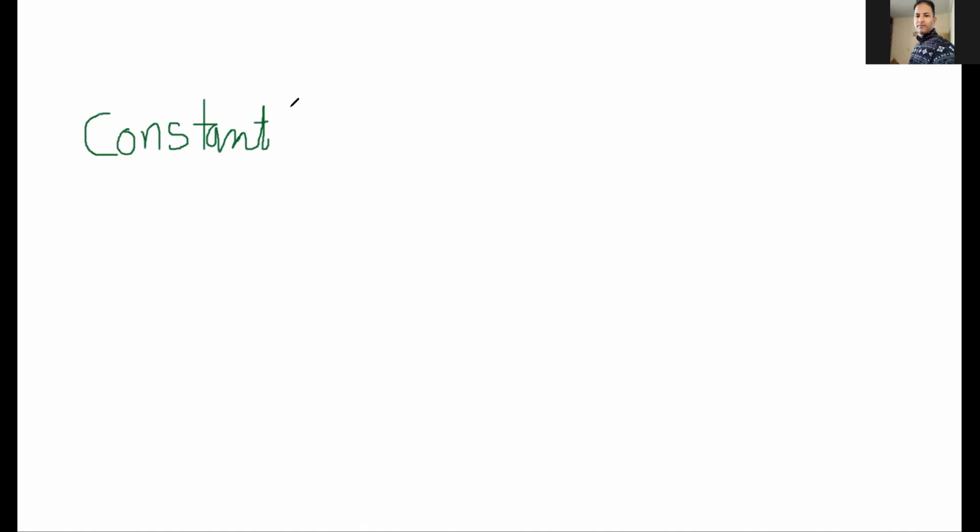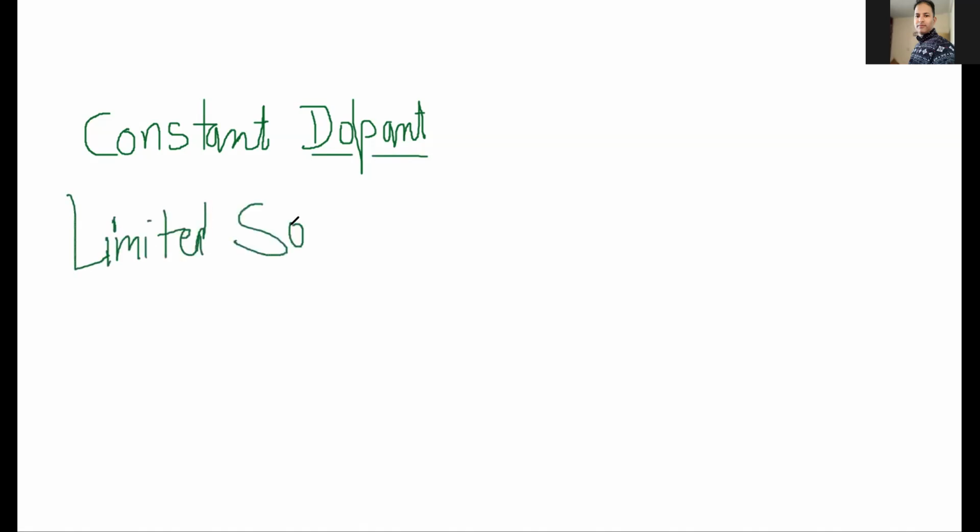Not constant source but constant dopant. What constant dopant means is that the total number of dopants is constant. You will find that this is also called limited source diffusion.